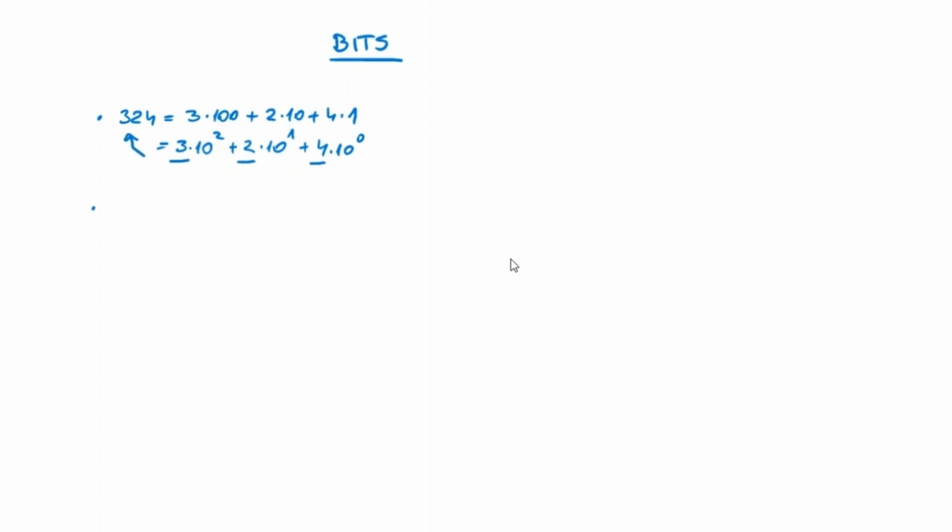In computers, the binary system is being used. That means that using digits 0 and 1, we can represent any number. And we want to use powers of number 2 in this case, since 2 is a base.